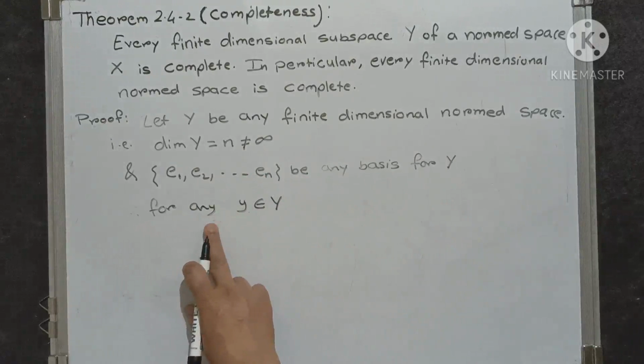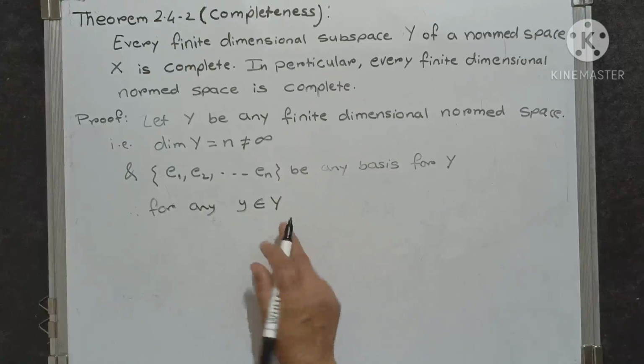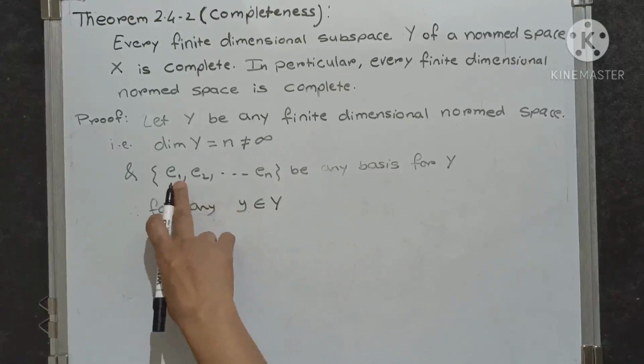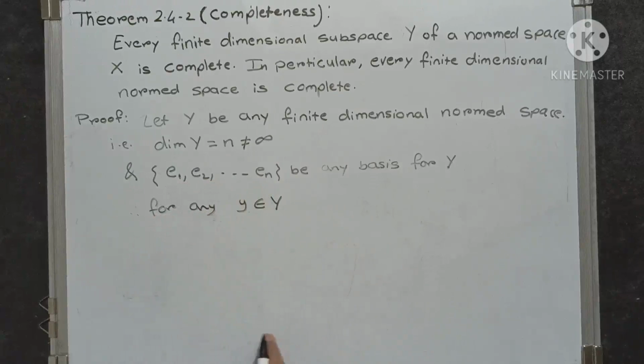Therefore any element small y belonging to capital Y is written as a unique linear combination of e1, e2, up to en.